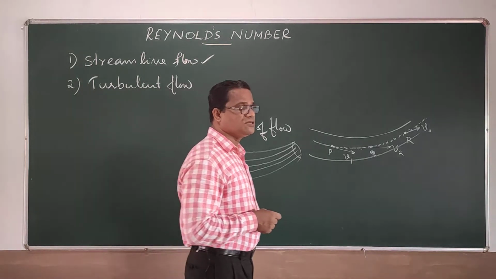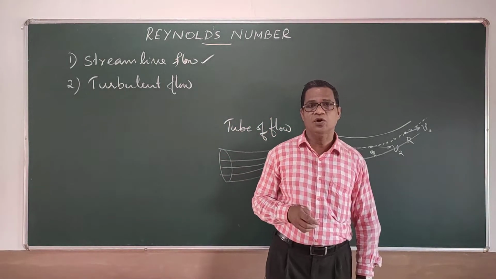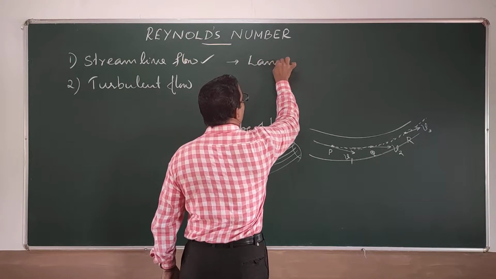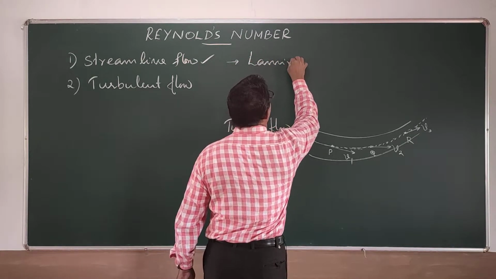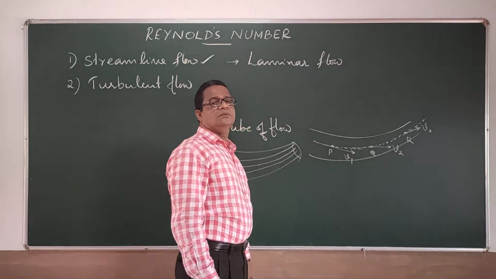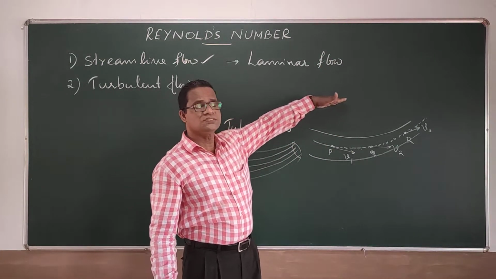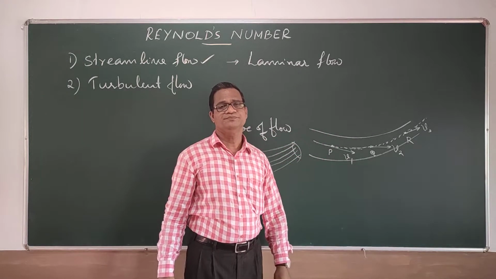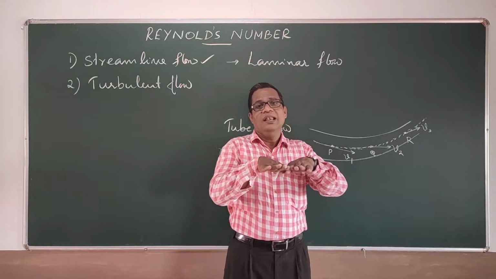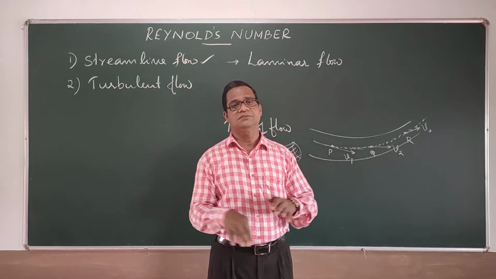Now a special case of streamline flow is called laminar flow. Laminar flow is a flow in which the liquid is flowing as horizontal layers.